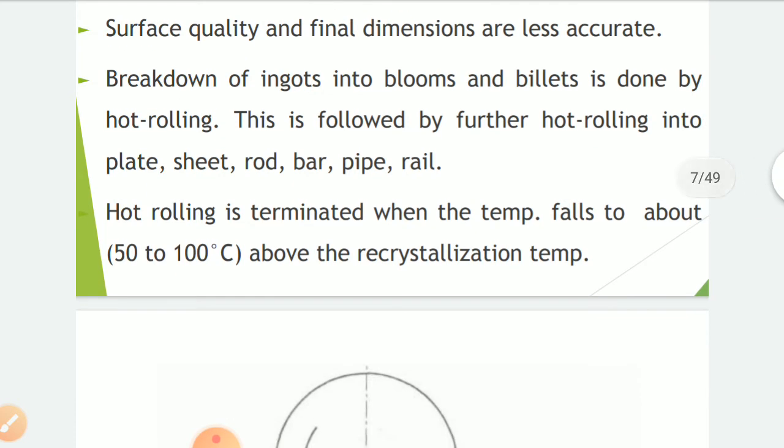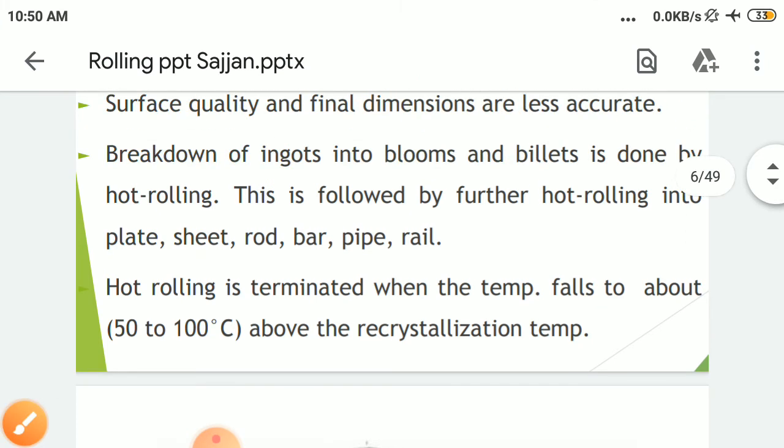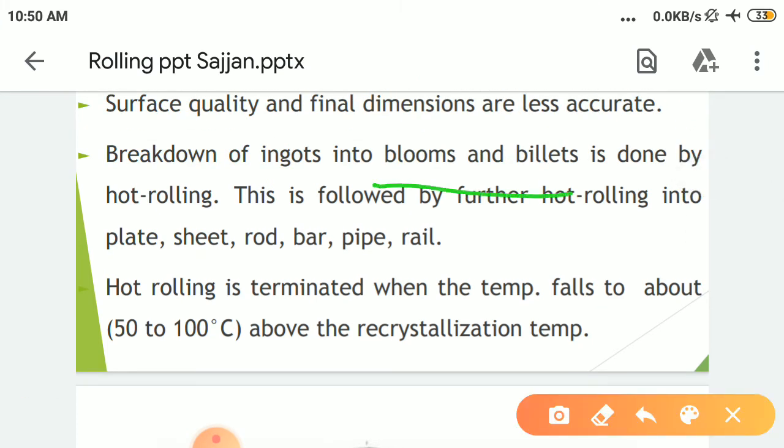Surface quality and final dimensions are not as accurate as in cold working process. Breakdown of ingots into blooms and billets, that we have also seen, like how we will get blooms and billets by hot working on ingot.